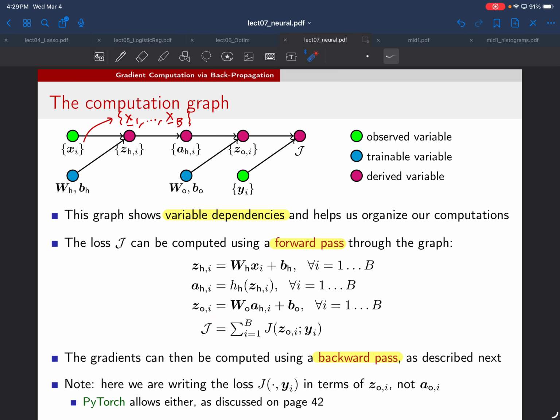And finally, the output linear scores and our labels, those are the things that we can use to compute the loss per sample, and then we can sum over the mini batch to get the final scalar loss that describes the entire mini batch. Okay, so this is the forward pass, starting with what we know and sequentially moving our way through computations until we finally get the loss.